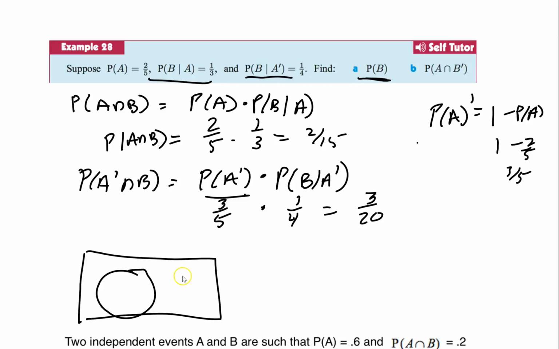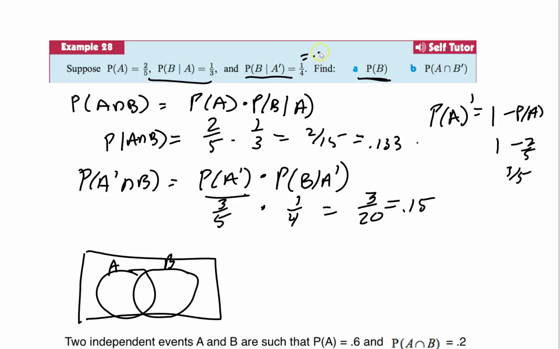Here's my A, here's my B. Now, a little trick to make this a little easier, I'm going to put this in decimal form. Otherwise, it's going to be too much of a mess to try to figure out what everything is. So 3 out of 20 is 0.15. 2 out of 15 is about 0.133.